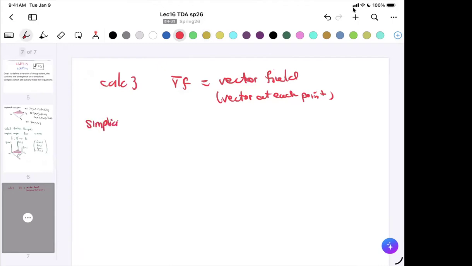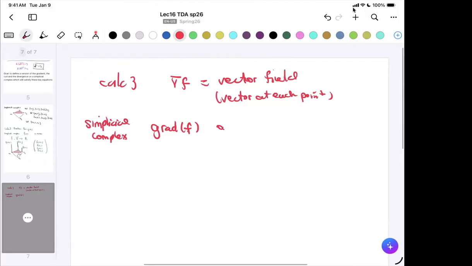So if you have a simplicial complex, you want to define grad of f, but now f is a function defined on the vertices. You want the output to be a vector field of sorts.